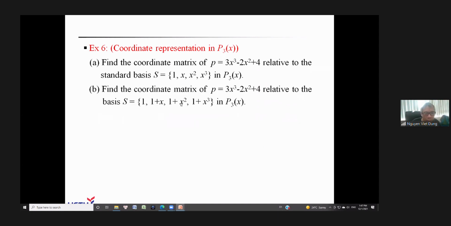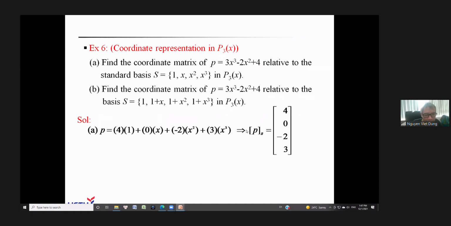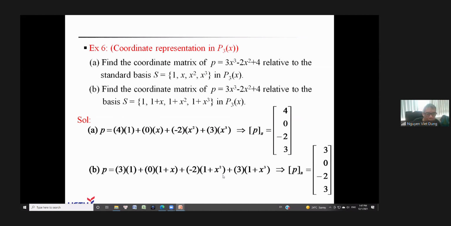How can you do it? Okay, write it this way. Then you get that. And for the second part, you need to find the coordinates of P, but now relative to a non-standard basis.